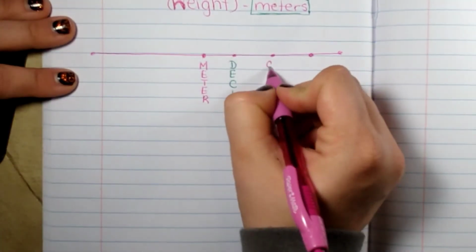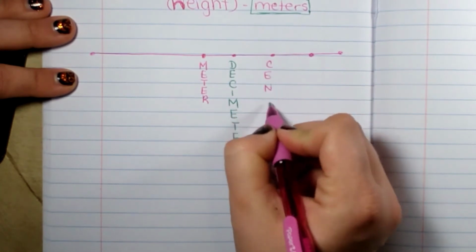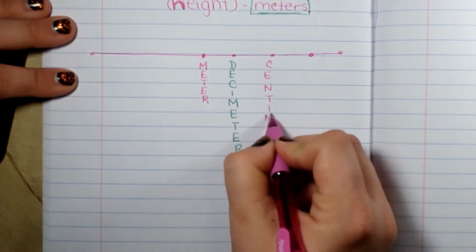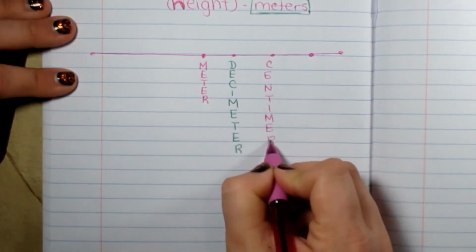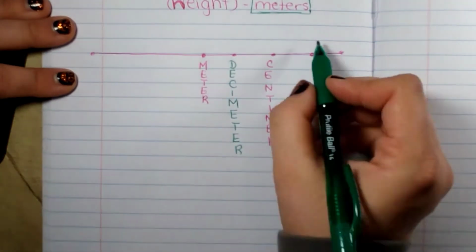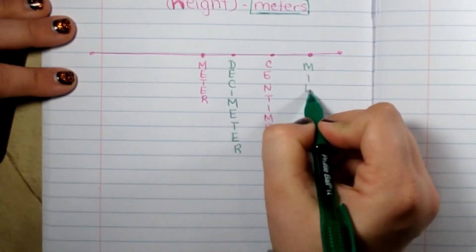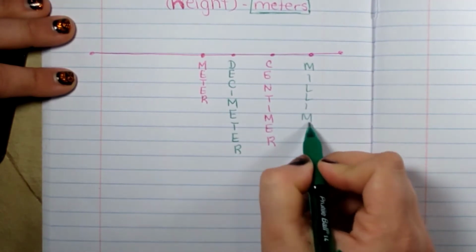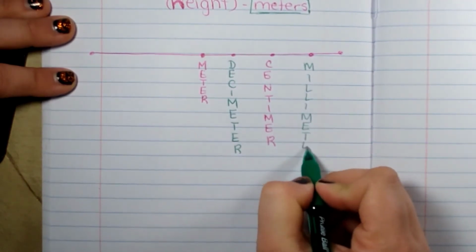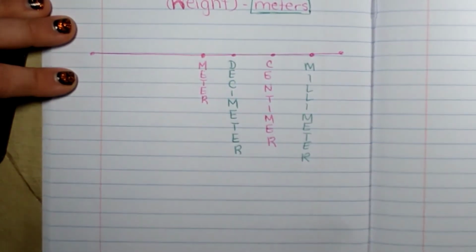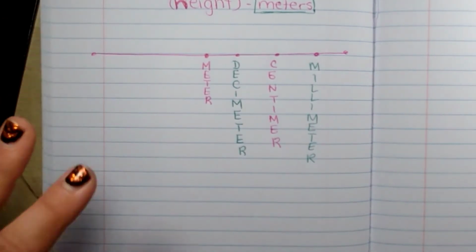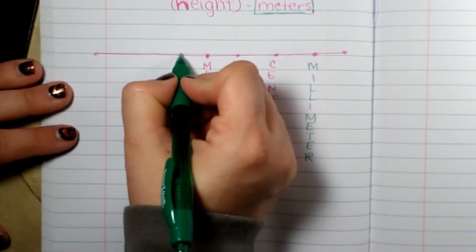This would be centimeter. And this is millimeter. I'm going to show you an easy way to remember this.